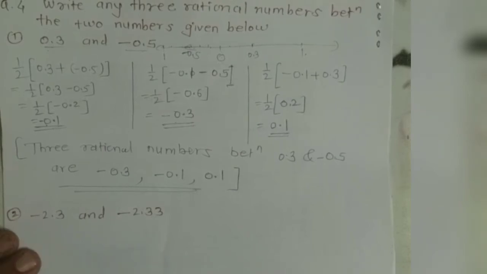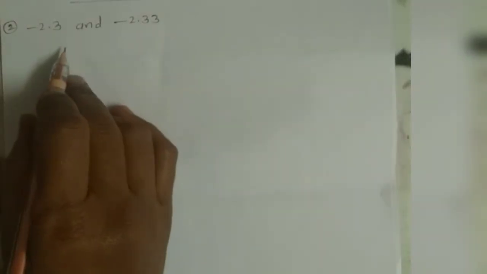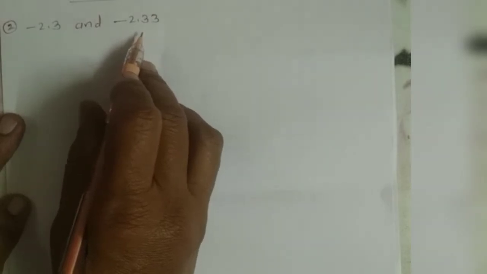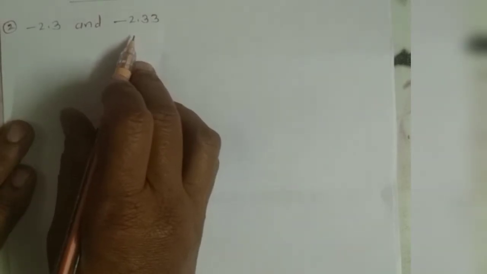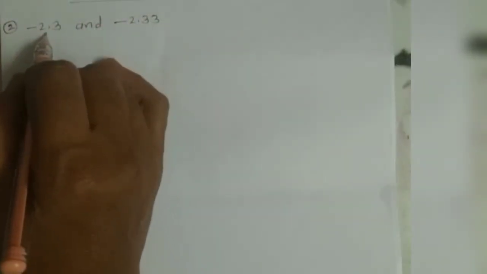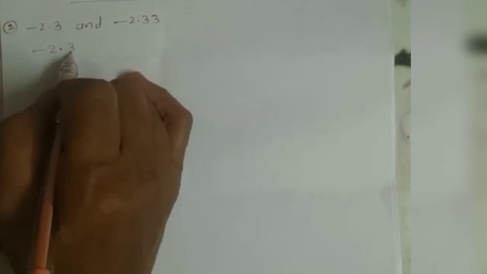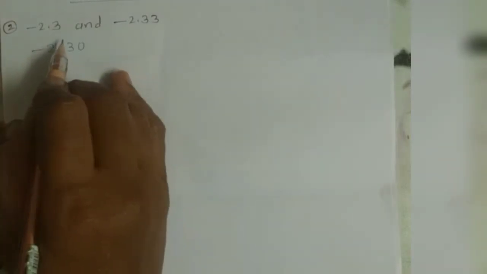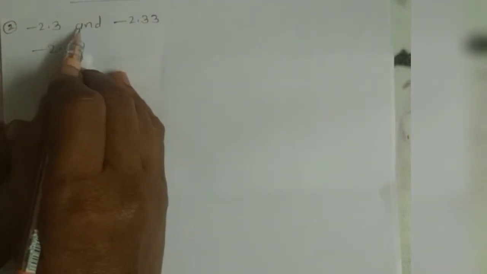Again, the next second example, see, minus 2.3 and minus 2.33. This example we solve shortly, or you can take the previous method. The 2.3 can be expressed as 2.30, because onward we can take many zeros.